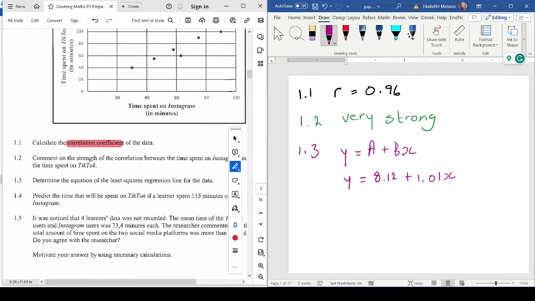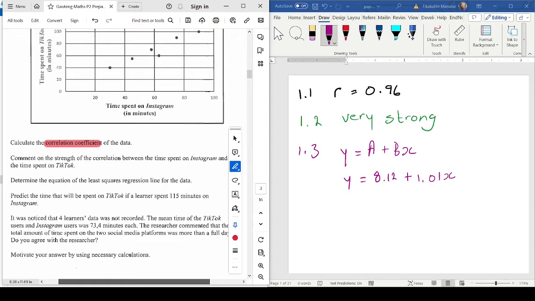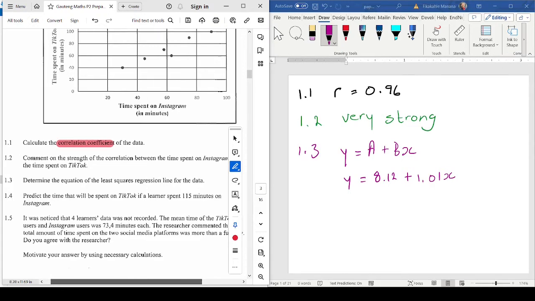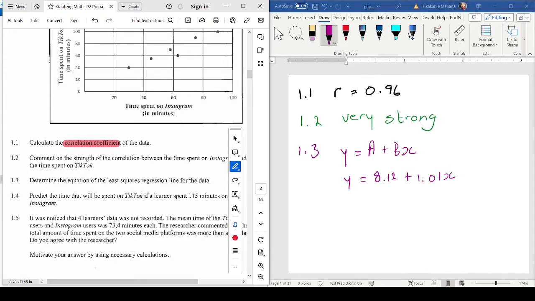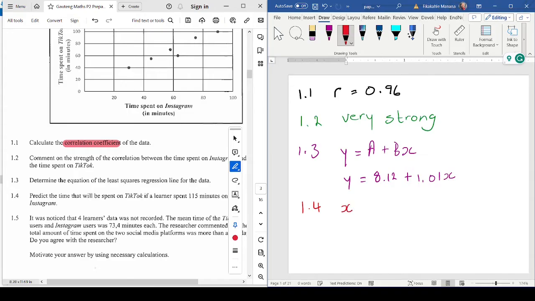Let's go look at 1.4. 1.4 says predict the time that will be spent on TikTok if a learner spent 115 minutes on Instagram. Okay, so for this one, there's a few things that we must know. What is represented by X and what is represented by Y?